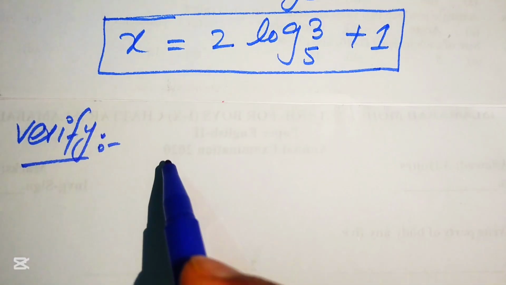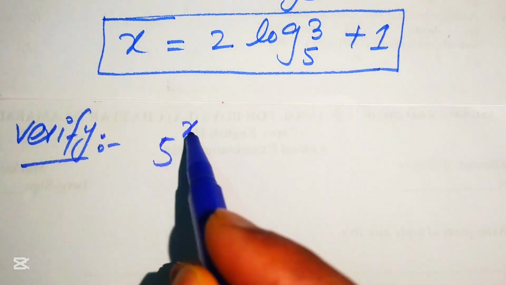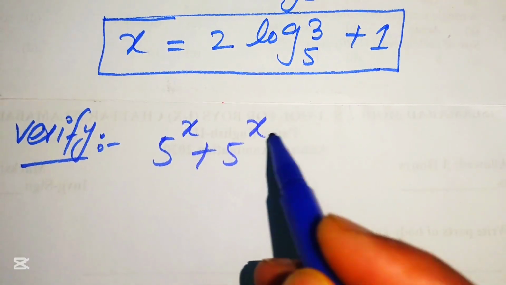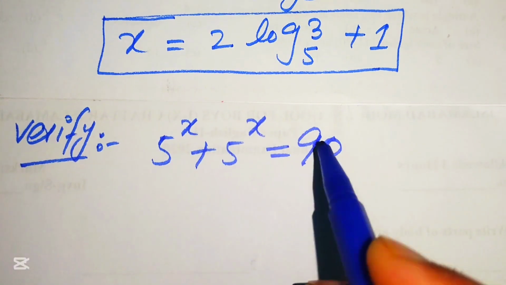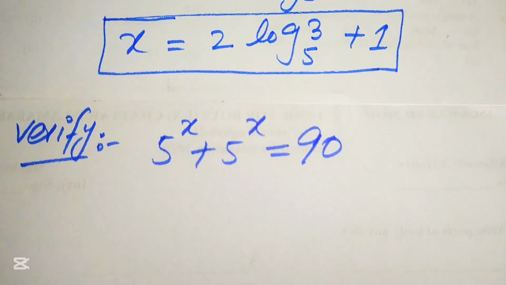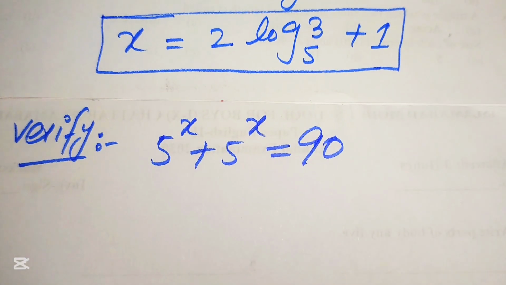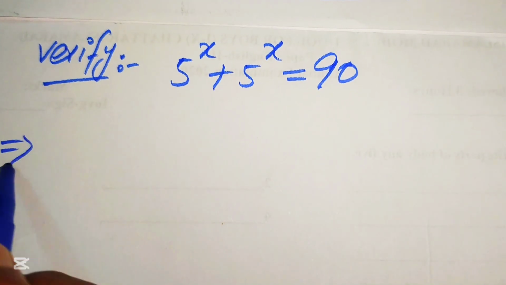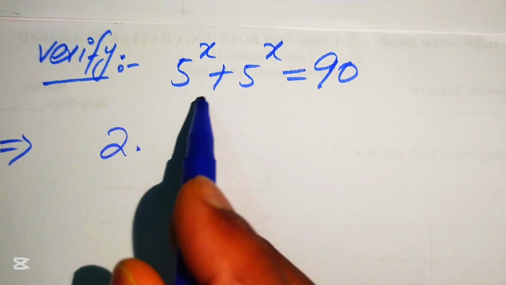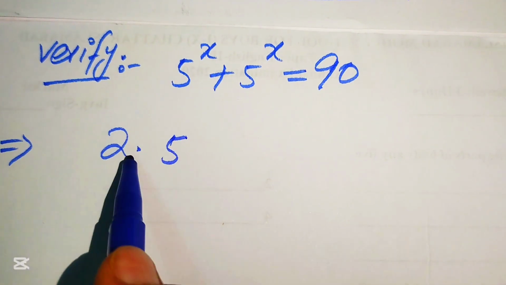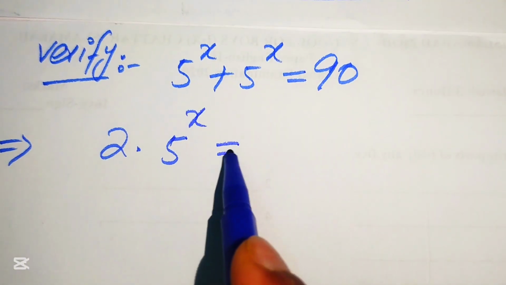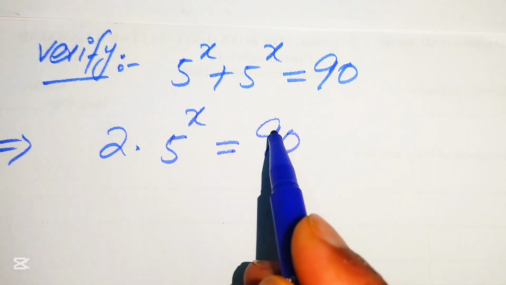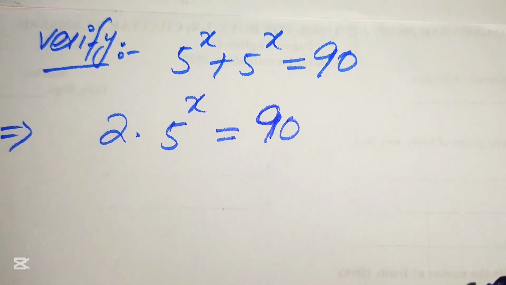The given question statement is 5 to the power of x plus 5 to the power of x equals 90. So here we will substitute the value of x in the left hand side, and check whether this equals the right hand side or not. First we rewrite this: 5^x plus 5^x becomes 2 times 5 to the power of x, and this equals 90.